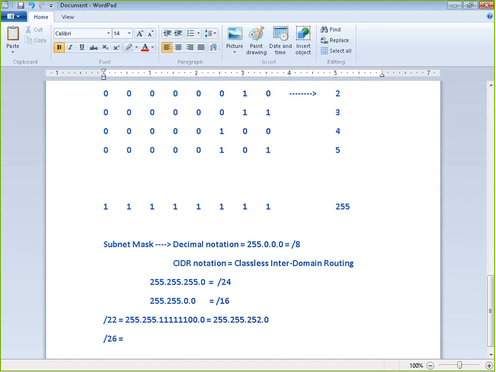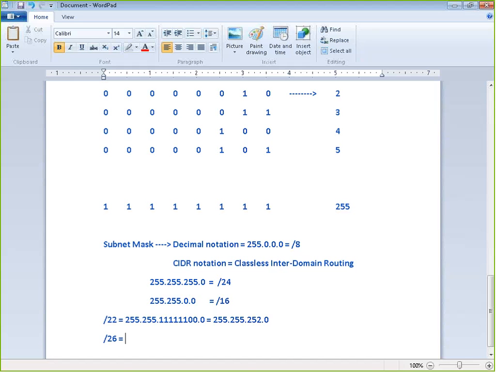That's how the subnet mask could be. 255.255.255.192.